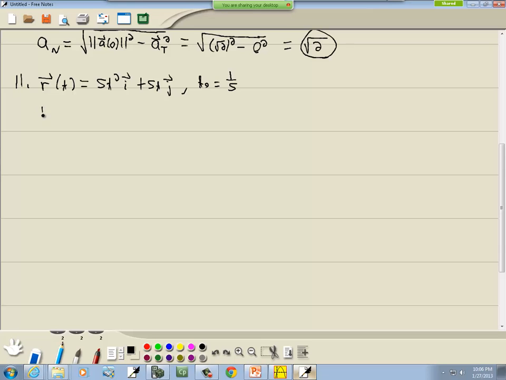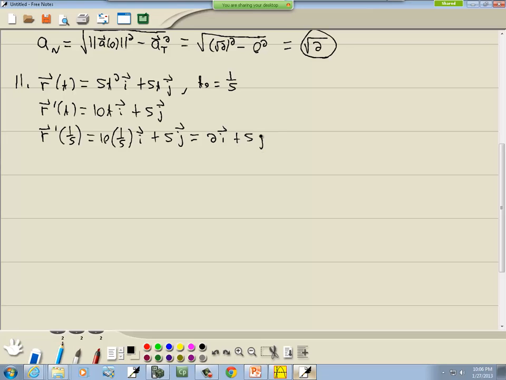So I need to find r prime. It's going to equal 10t i, taking the derivative of each component function, plus 5j. And then we'll plug in our value, 1/5. So we're going to have 10 times 1/5 i plus 5j, which gives us 2i plus 5j.